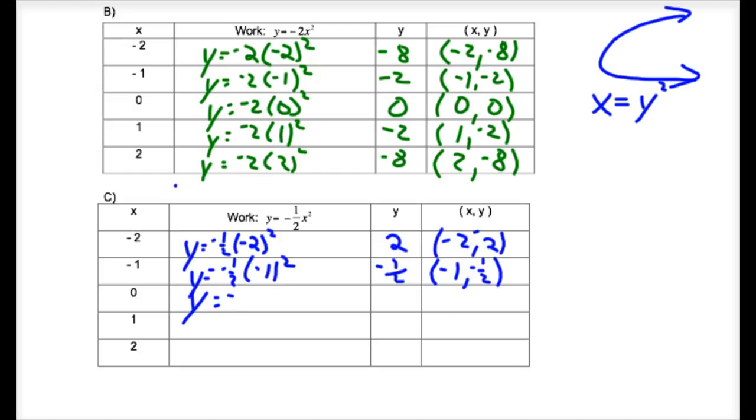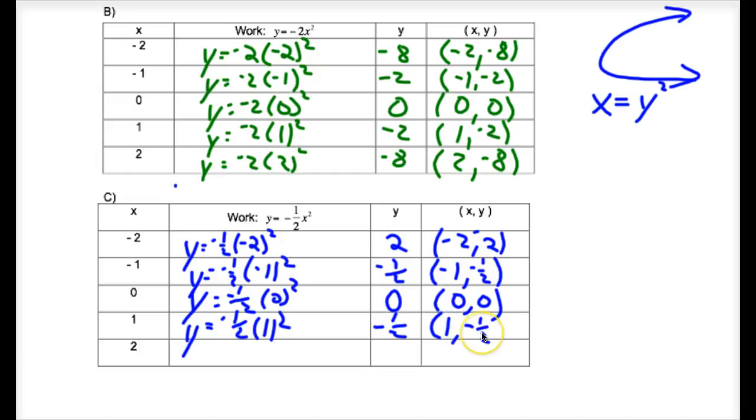At 0, it's still going to be 0, the origin. And then we get the symmetrical aspect going on here. At 1, it'll be negative a half again. And then at 2, 4, we get negative 2.